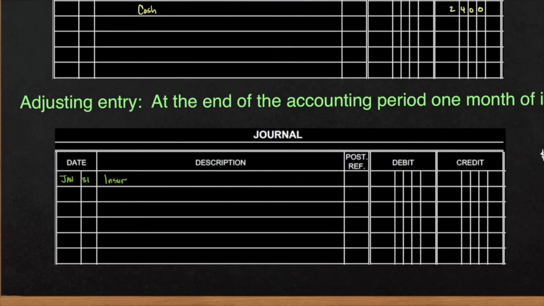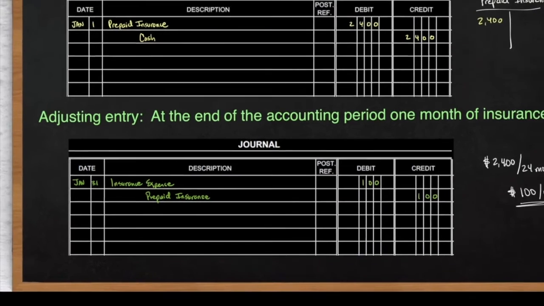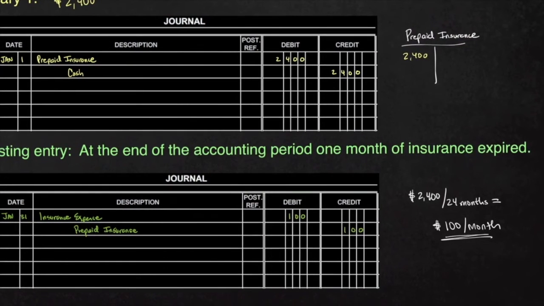So January 31st, you want to debit an account called insurance expense. Very similar to supplies. In our previous example, you debited an account called supplies expense. So these entries, you're debiting expenses, or at least these types of adjusting entries. So insurance expense, debit for $100. And then you're going to credit that asset account, the prepaid insurance account, for $100.